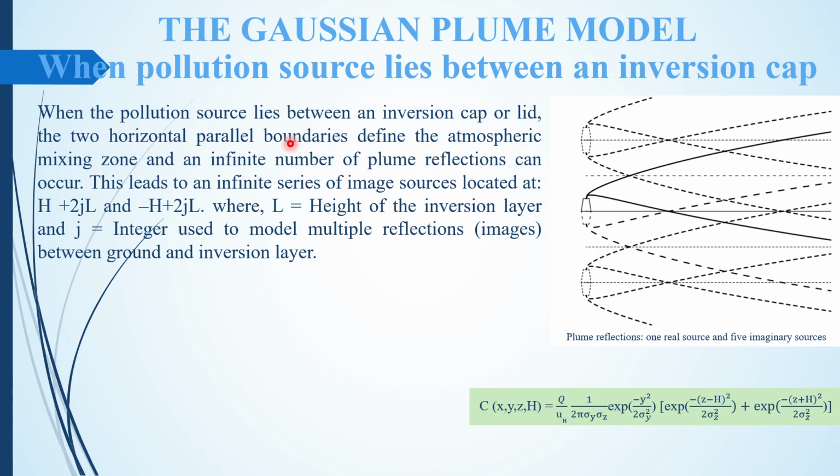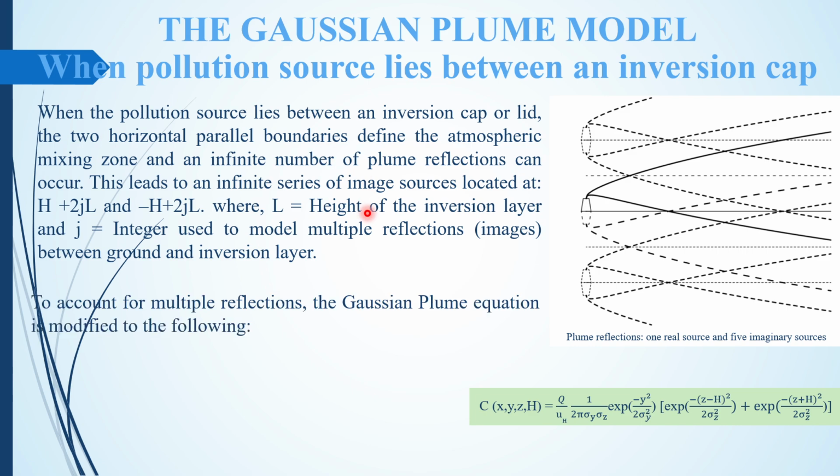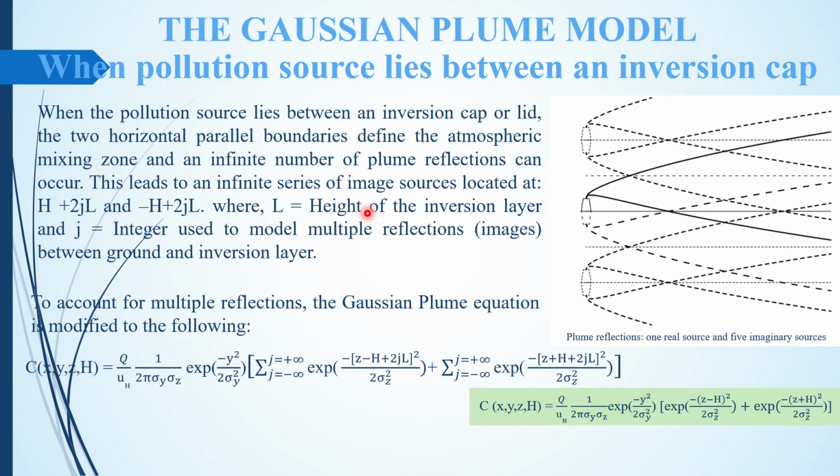So what changes will happen in this equation if the plume source is within the inversion cap? To account for the multiple reflections, the Gaussian plume equation is modified in the following manner.